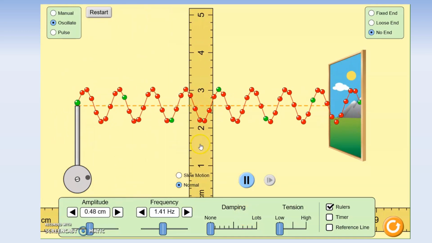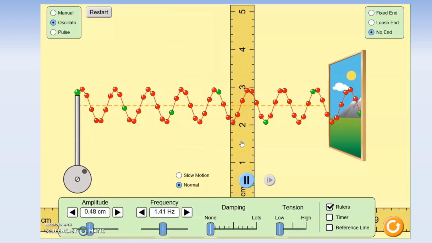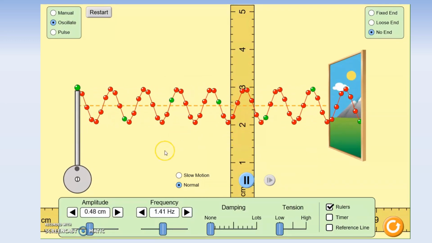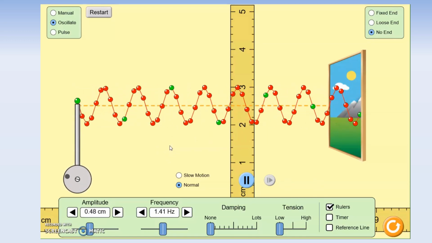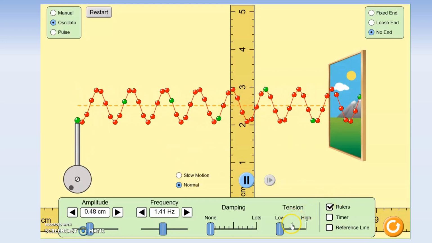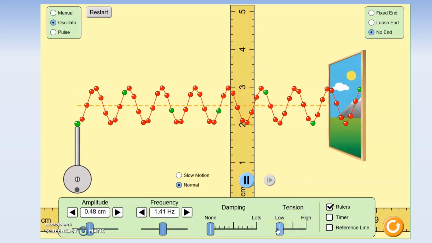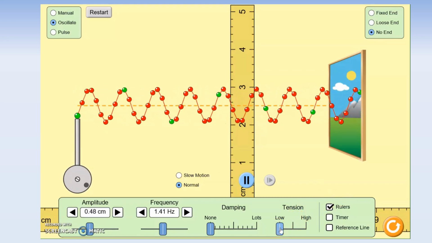To visually measure the power, I'm just going to stick this ruler at a certain point in the medium. And if we focus our attention on the left-hand side of that ruler, we can see the rate at which energy is crossing that boundary line. So you can see here for a low tension wave, the wave has a certain speed. There's a certain amount of energy crossing the left-hand side of the ruler per unit time.